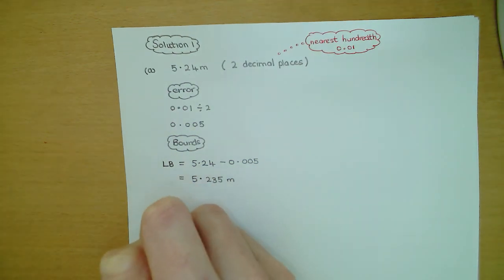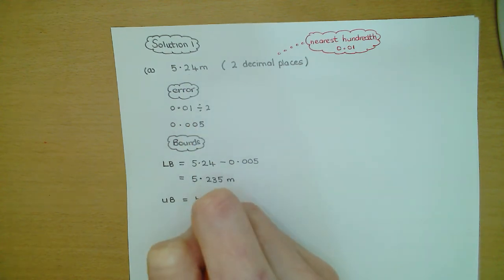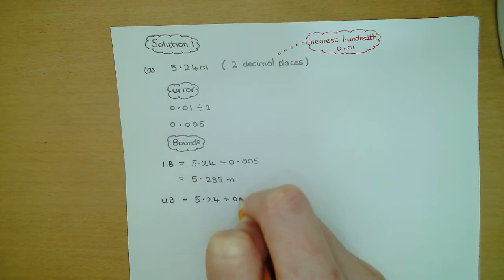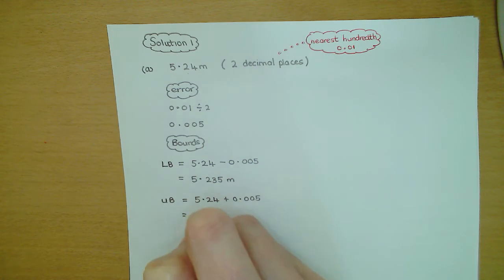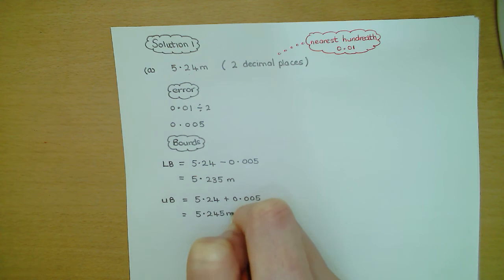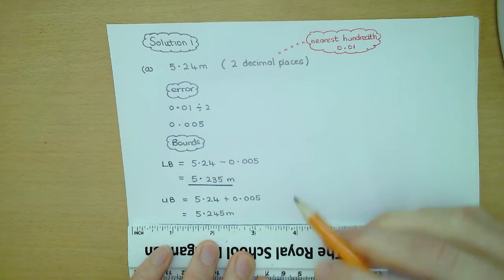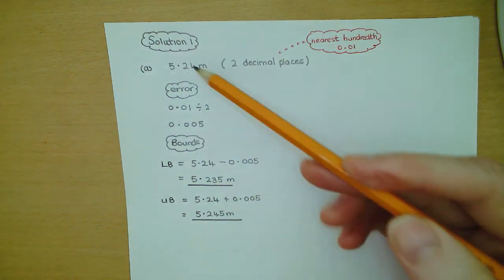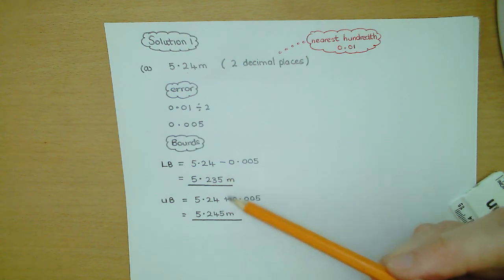And then the upper bound, it's always the rounded value plus the error. So that's just going to give us 5.245 meters. Okay, and that's our answer for part A, lower bound and upper bound. So what that means is the actual value before it was rounded could lie anywhere between these 2 particular values.